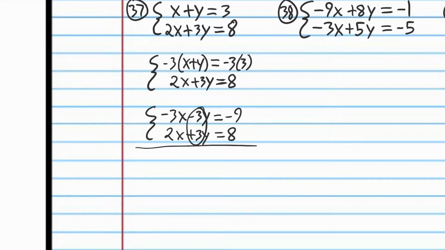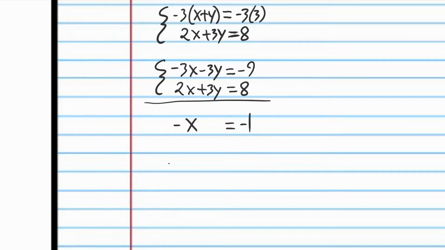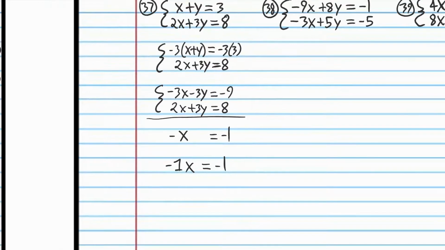And you can see that I was successful when I multiply because these two coefficients are the same but opposite. And remember, negative x is the same thing as negative 1x. You don't have to write the negative 1 though. I'm going to go ahead and write it just to make sure that you remember what's going on there. Divide both sides by negative 1 and x is equal to 1.